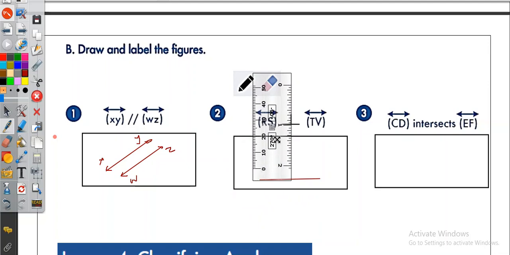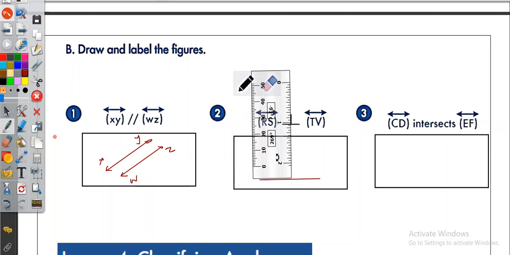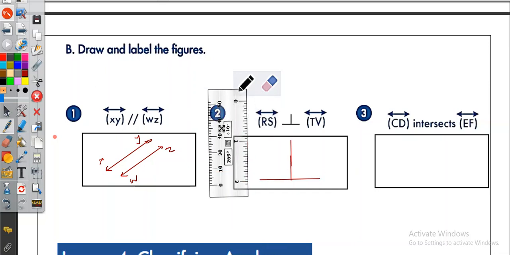Okay, I'm trying as much as I can to be specific and accurate. So wait, here we go. Then you will draw a line. This line is going to be perpendicular. This is a perpendicular line. Call this RS and call this TV.